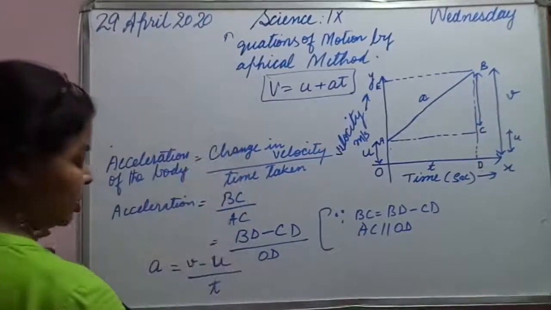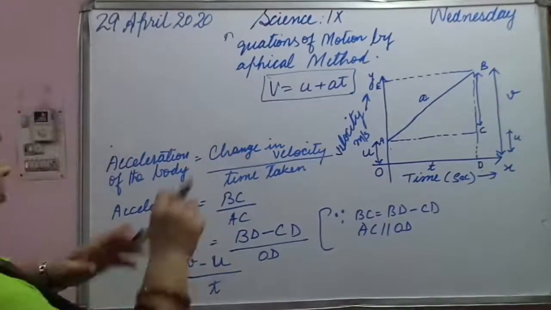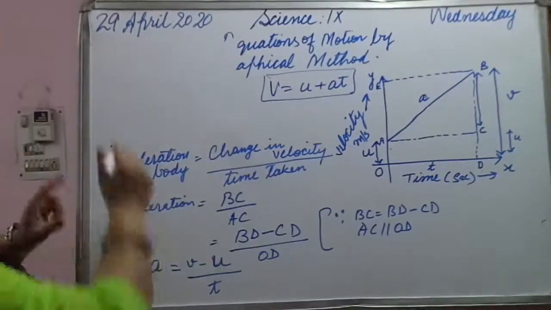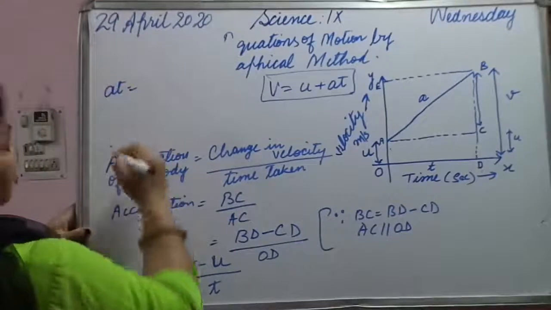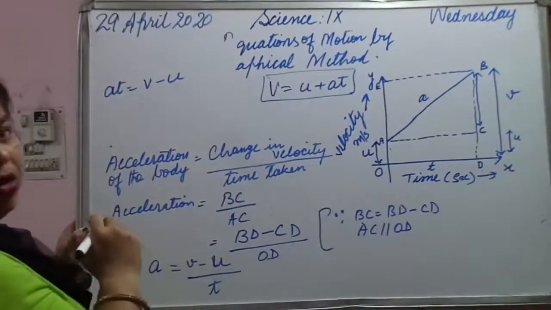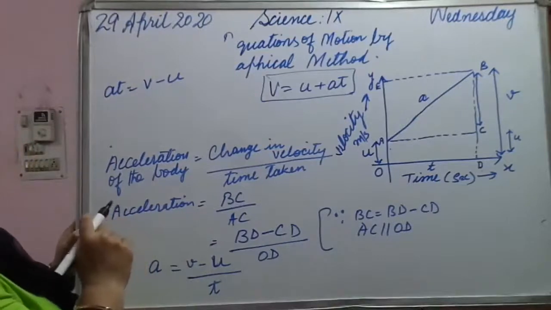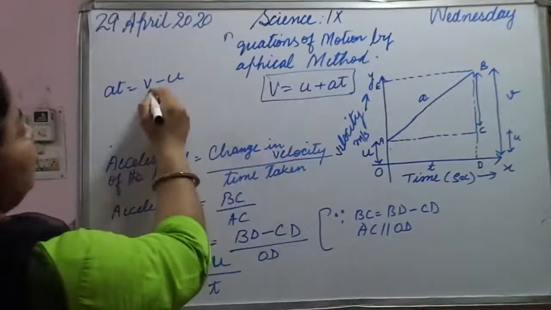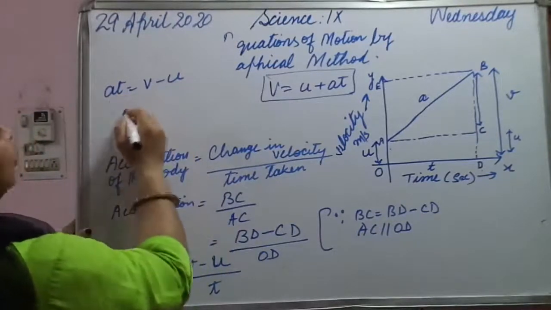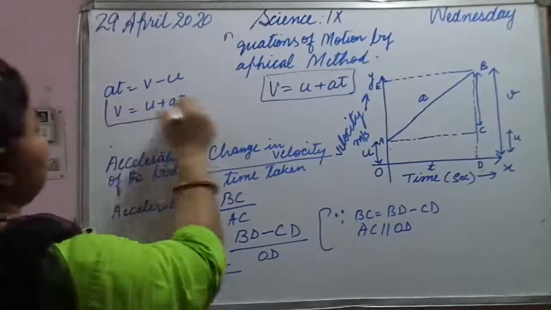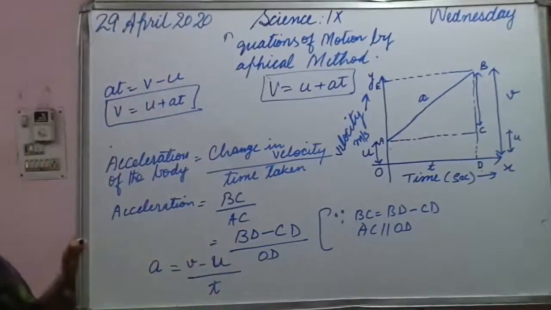I am going to write here. We will send T to A. AT is equal to V minus U. Or we can write, V will be left here, U will be sent here. So V is equal to U plus AT. Hence derived. So your equation is derived in this way.